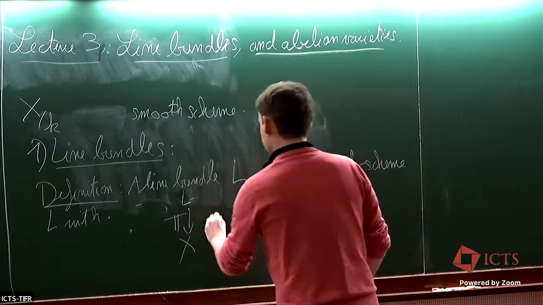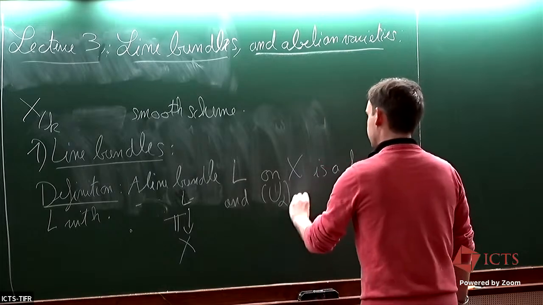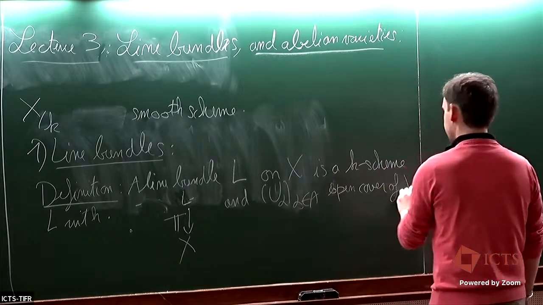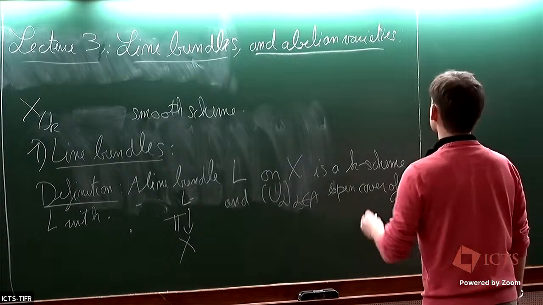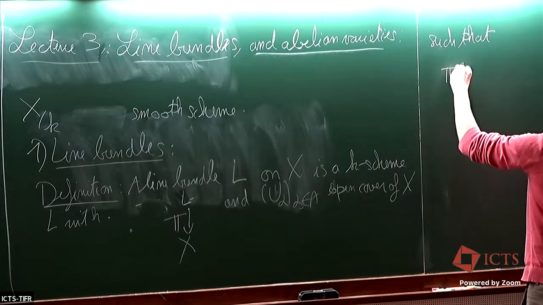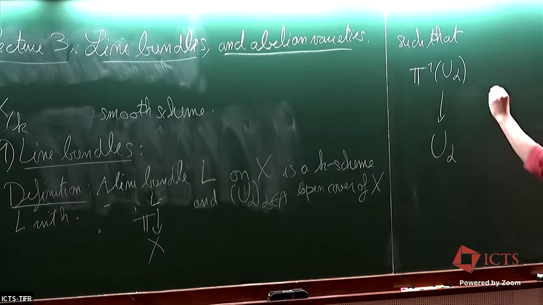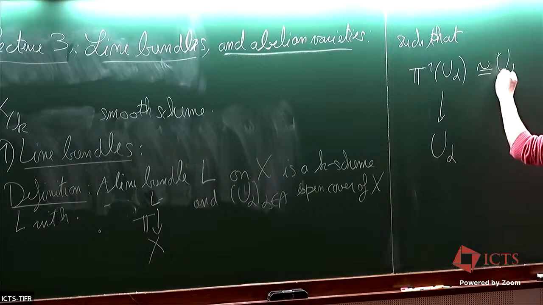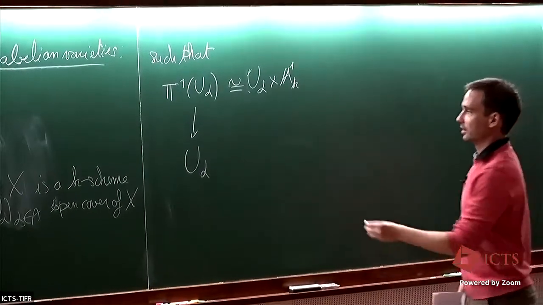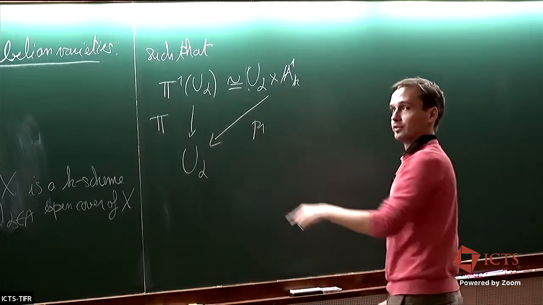The good way to say this is, I have an open cover U_alpha of X, such that when I look at pi^{-1}(U_alpha), this can be identified with U_alpha times the affine line over K. This is pi, a projection to the first coordinate, so the obvious projection.